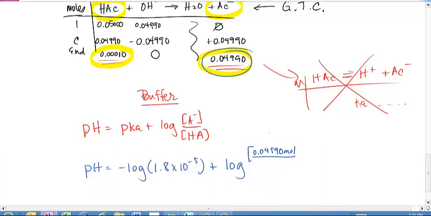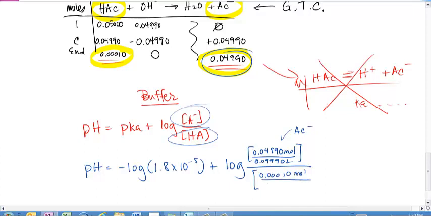And I had 50 plus 49.9 milliliters, so 0.09990 liters. That is my concentration of AC minus, or A minus in the equation. My acetic acid, I have 0.00010 moles over the same volume. That's my acetic acid concentration.